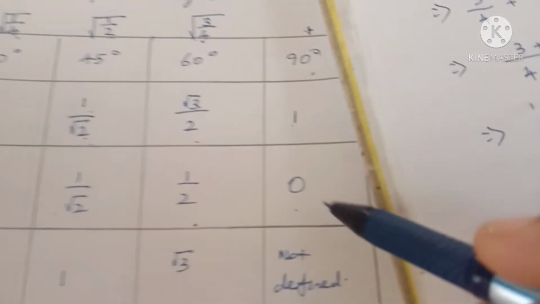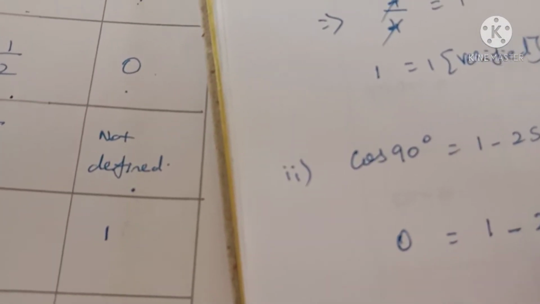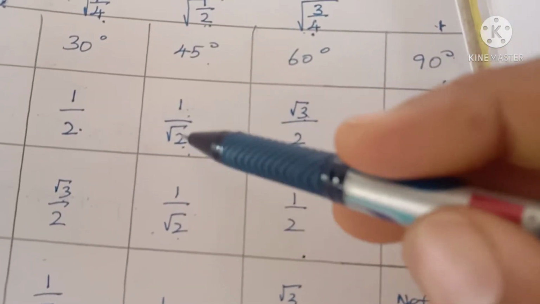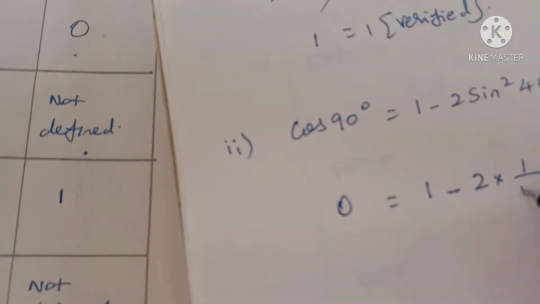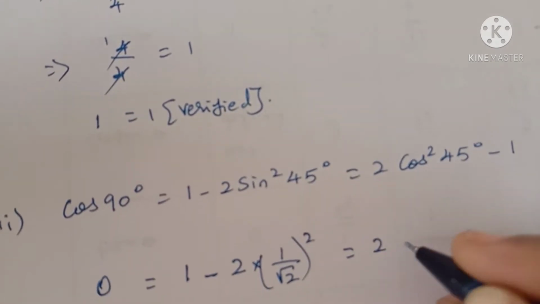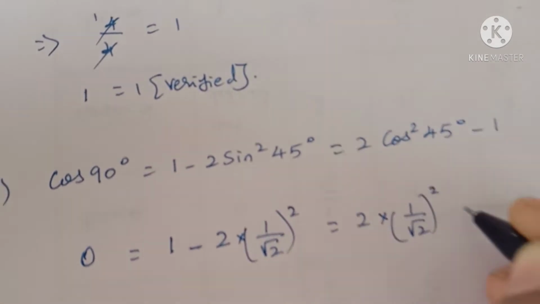Cos 90 is 0. 1 minus 2 into sin 45 is 1 by root 2, therefore 1 by root 2 the whole square, which is equal to 2 into again cos 45 is 1 by root 2 the whole square minus 1.